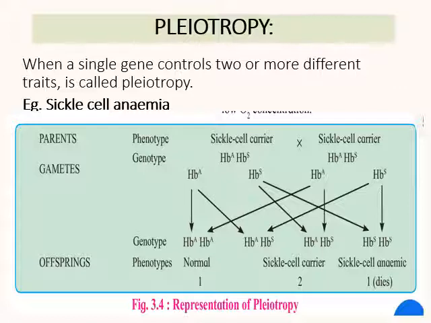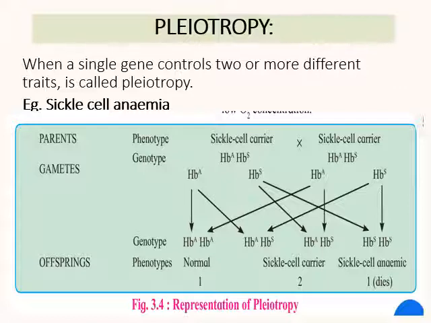When the sperm containing HbA allele fuses with the egg containing HbS allele, a heterozygous offspring is obtained, that is HbA HbS, which is termed a sickle cell carrier.